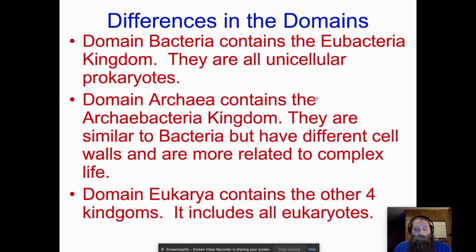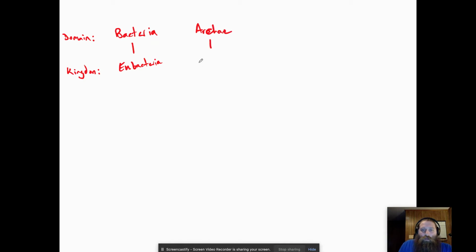So let's see what that would look like. We have the domain bacteria, and underneath of it, we have the Eubacteria kingdom. So here's our kingdom, and here's our domain. Under archaea, we have Archaebacteria.